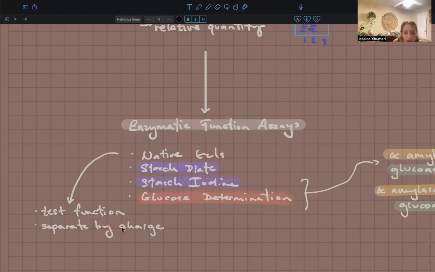They don't denature the proteins as well. And that's really important to be able to still test the function of the protein, right? So we looked at the zymograms with iodine and starch. We got to see our protein alpha amylase degrading the starch in the gel itself, in the matrix itself. So that's another important component.